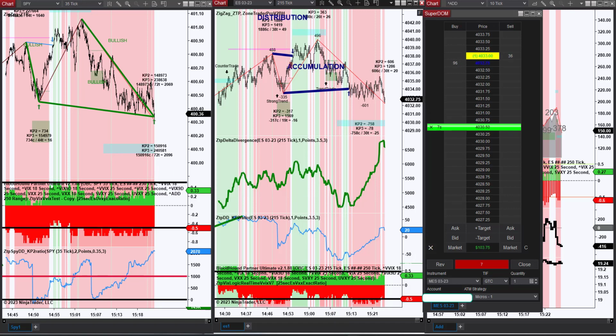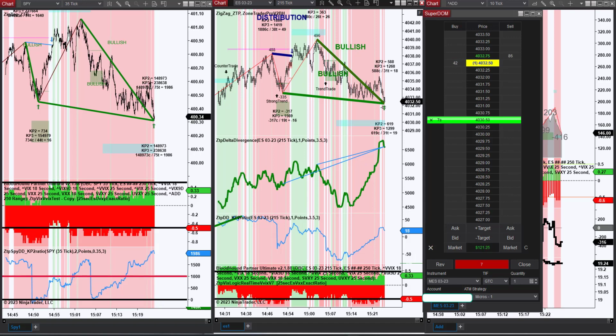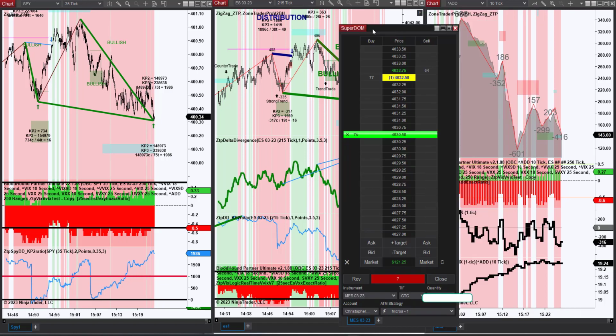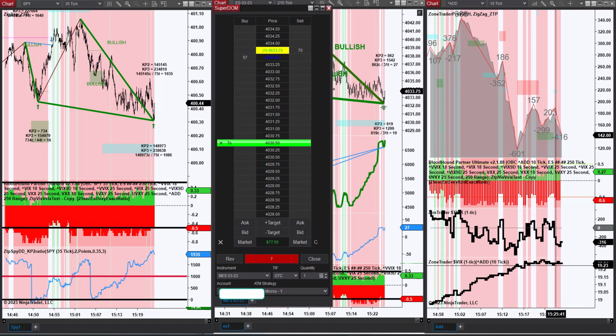And finally, we have a turn in the delta. And again, what we see in real time is the special divergence indicator letting us know that they are positive 619 shares. But what we really want to keep an eye on is what's happening over here on the VIX.